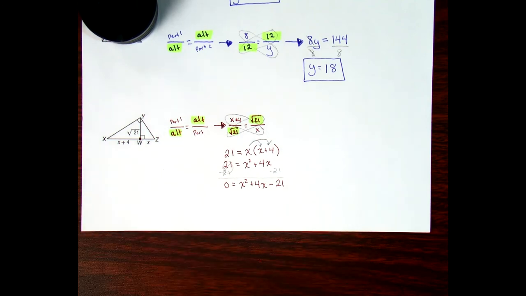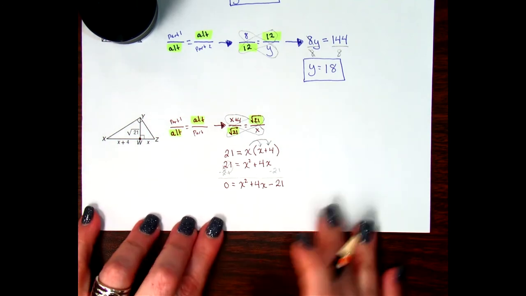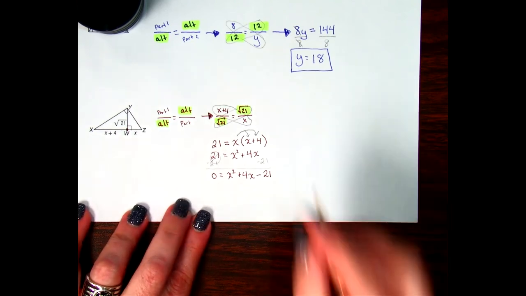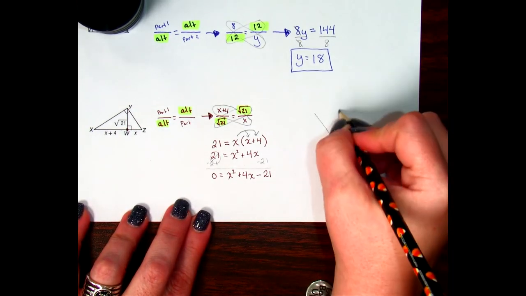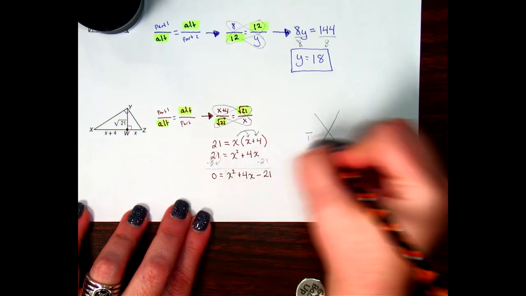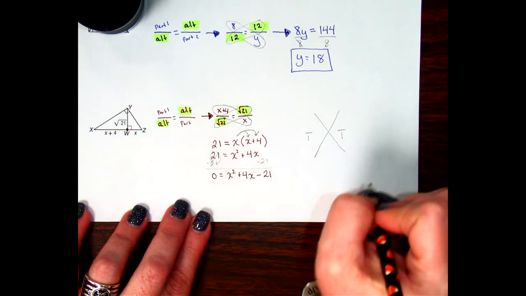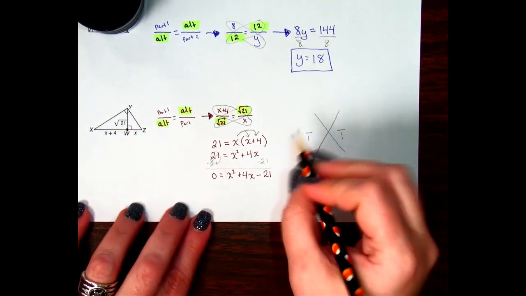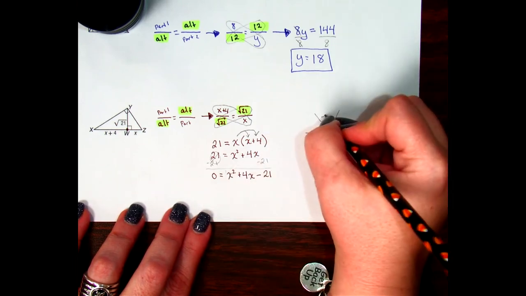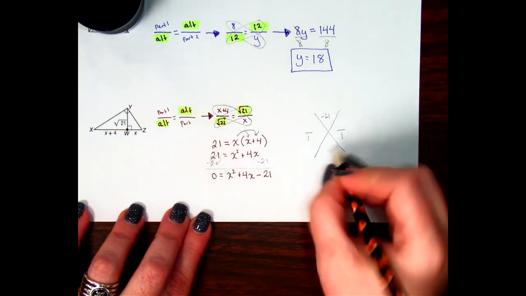When we factor, we had a couple of methods that we learned in algebraic reasoning, or definitely in Algebra 2. One of them was our x method, where you take your a value, which is 1, and put it under your fraction bar each there. And then you take this negative 21 times that 1, and then you take the 4.